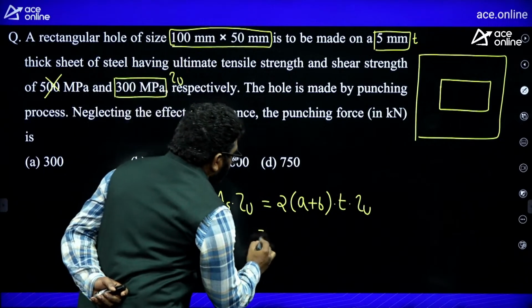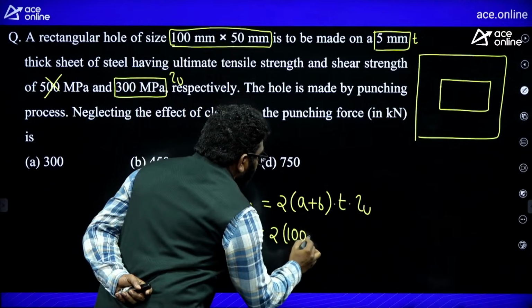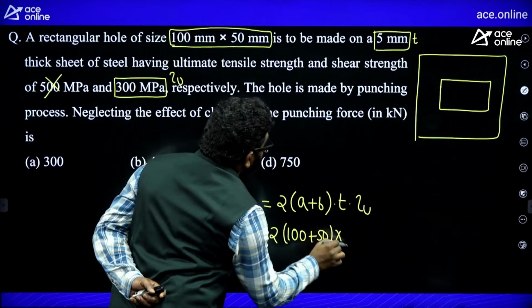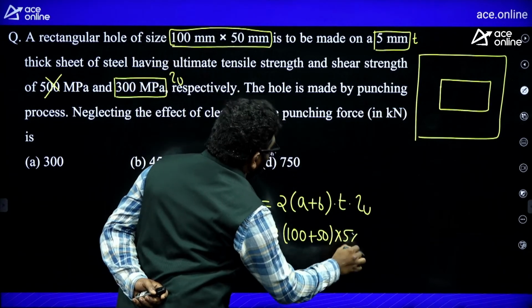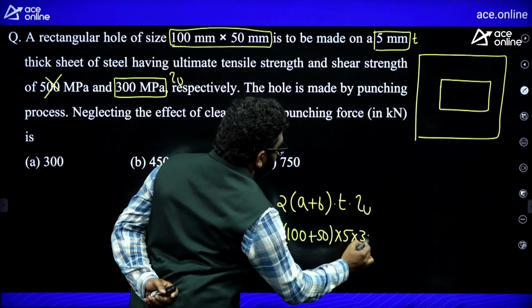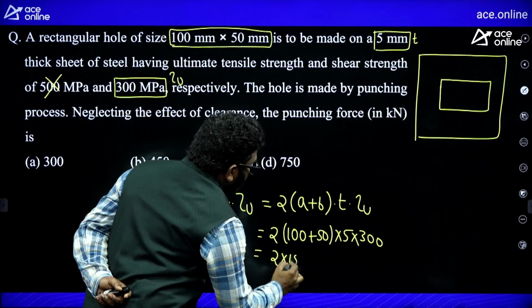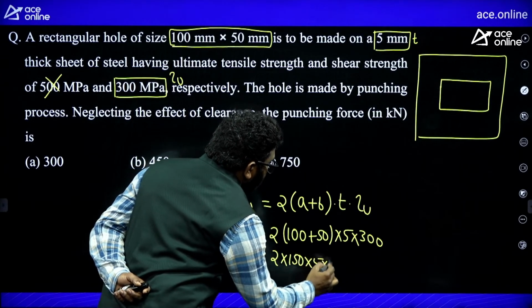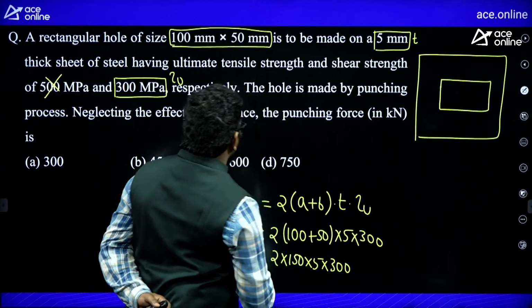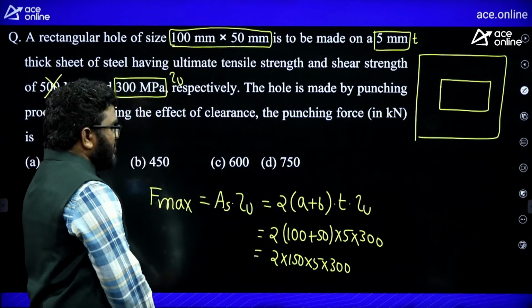Right, now here 2 into (100 plus 50) into thickness 5 into ultimate shear strength 300. That's it. That is 2 into 150 into 5 into 300. By solving this, you will get the answer.